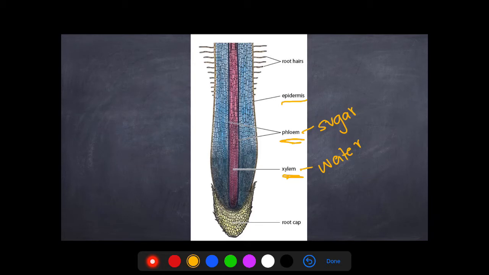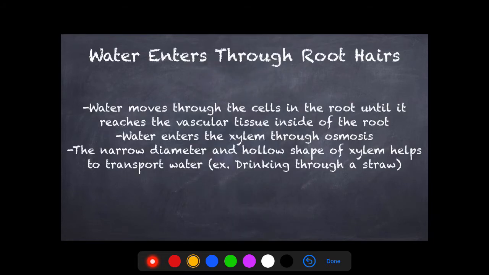Then we talked about epidermis, which is like the yellow outlining you can see all around the root itself, which also makes up the root hairs, which are tiny projections that help to absorb more water and minerals. And then the root cap is the area where you have growth happening on the root.